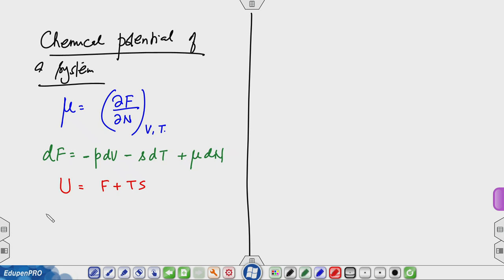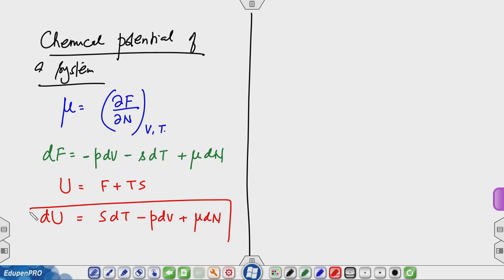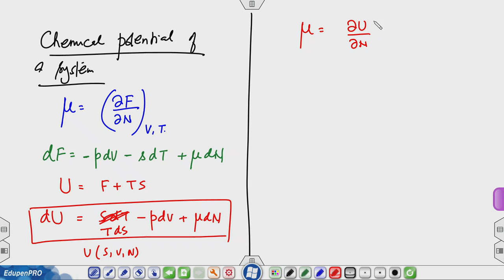So this gives you dU equals T dS minus P dV plus mu dN, because U is a function of S, V, and N. And this gives mu equals partial U partial N at fixed entropy and volume.